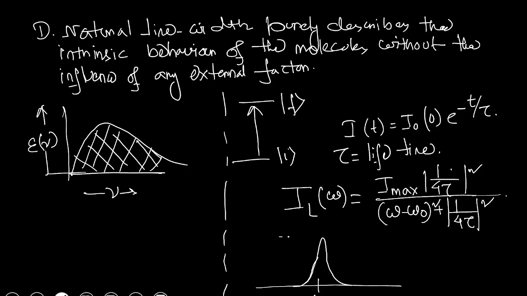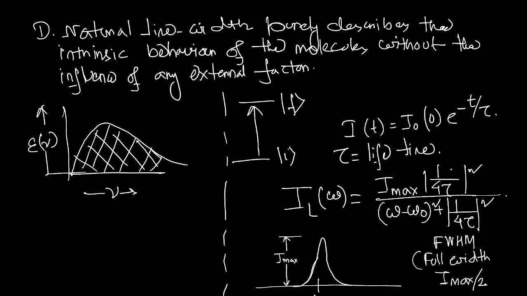So the term now coming is FWHM, that means full width at I max by 2, half of the maxima. Okay, so this is the full width at half maxima.